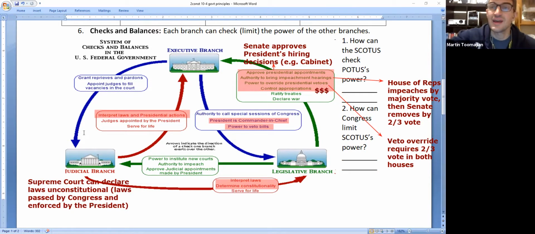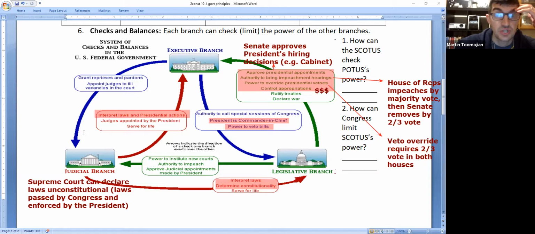And the Supreme Court is pretty well insulated from checks from the other two branches because Supreme Court justices serve for life on good behavior. Yes, it does say here that Congress can impeach the Supreme Court, but that almost never happens.